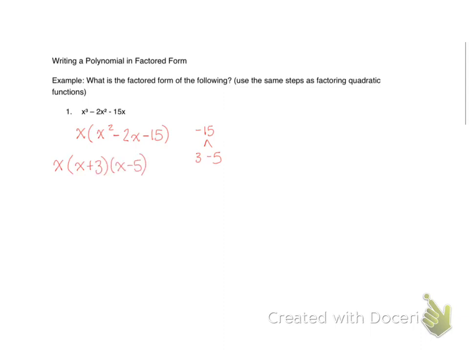Okay? That is your factored form. That is completely factored. So this is a cubic function. How many times should this cross the x-axis? 3 times. 1, 2, 3. You're going to have 3 zeros. Okay? That's why I've been stressing factoring so much, is because this is where it comes back.